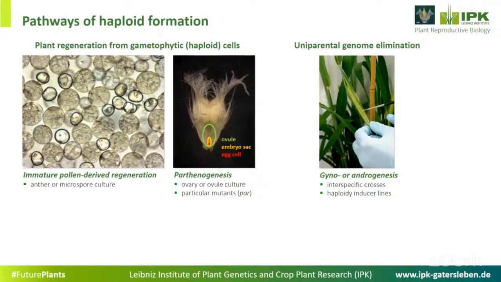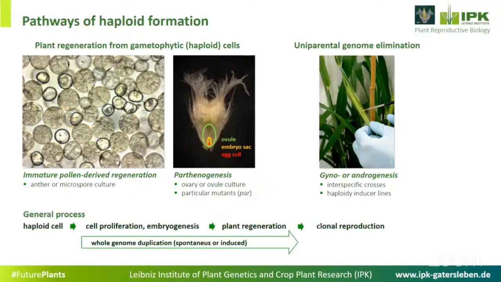And this parthenogenesis pathway can be obtained by cultivating ovaries or ovules, or by using particular mutants. And this uniparental genome elimination, depending on which gender retains the haploid cell, is called gynogenesis or androgenesis, and can be obtained either by interspecific crosses or by so-called haploid inducer lines.